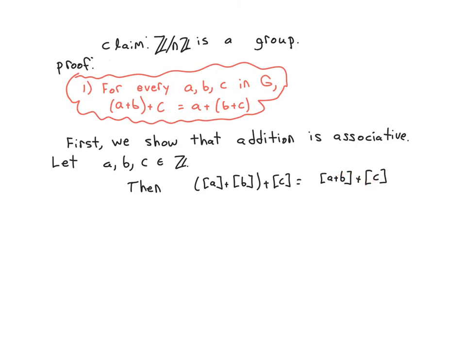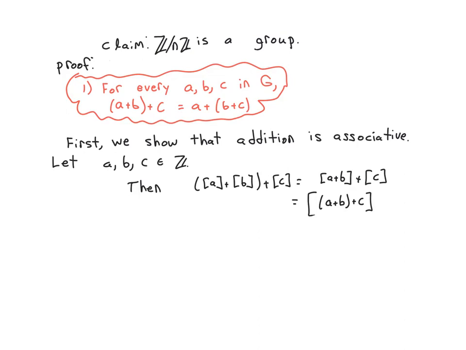We have a sum of equivalence classes, and there's nothing we can do inside here, so the next step should be to apply the definition of addition here. So we do that. The definition of the sum of equivalence classes is the equivalence class of the sum. Note here that order matters, so we had the parentheses again.